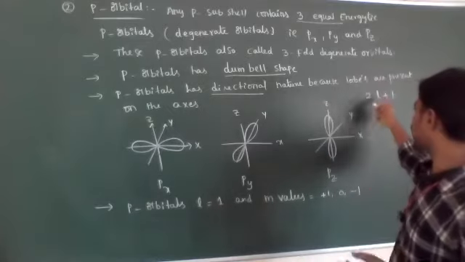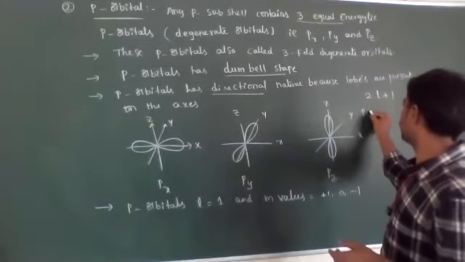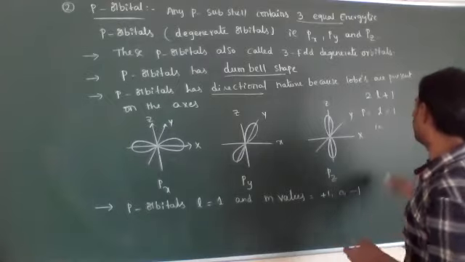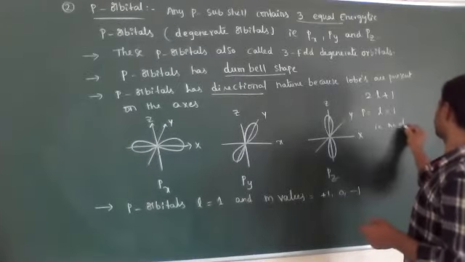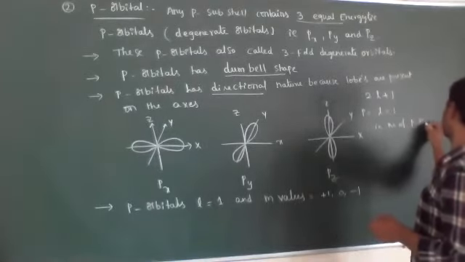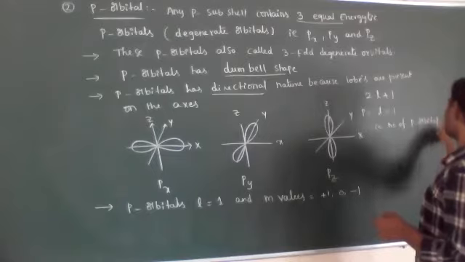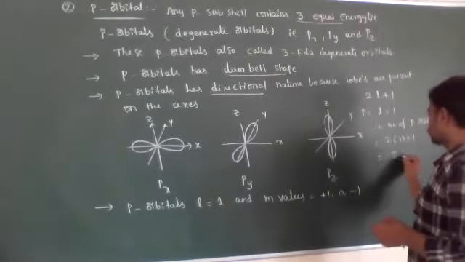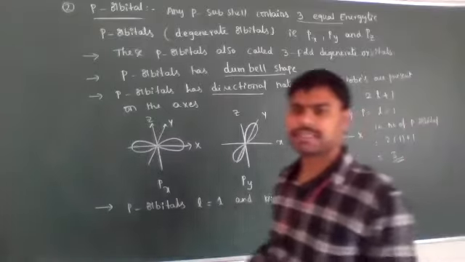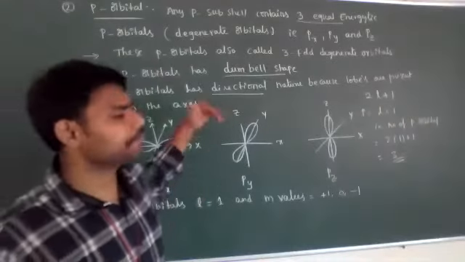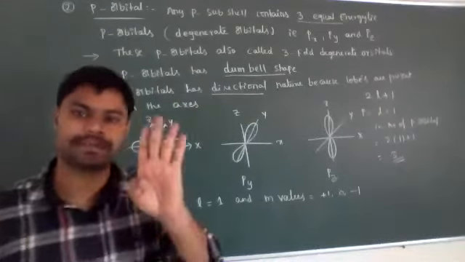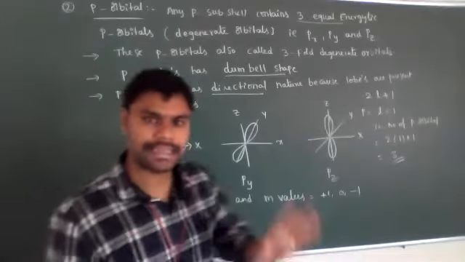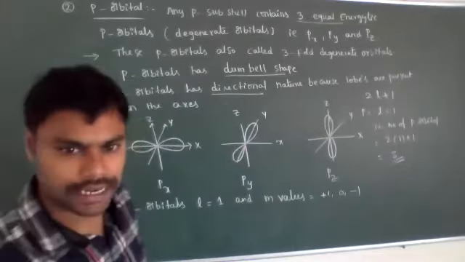For p orbitals l is equal to 1, so the number of p orbitals is 2 into 1 plus 1, which is 3. So any p subshell contains 3 orbitals, and any d subshell contains 5. Okay, clear?